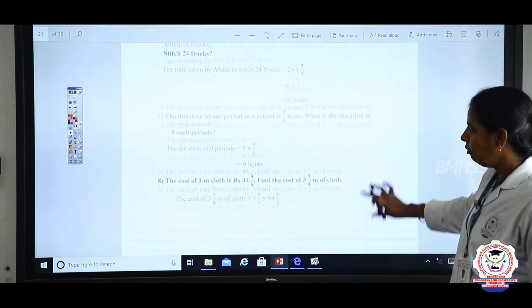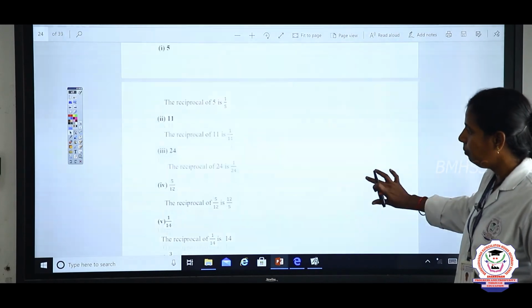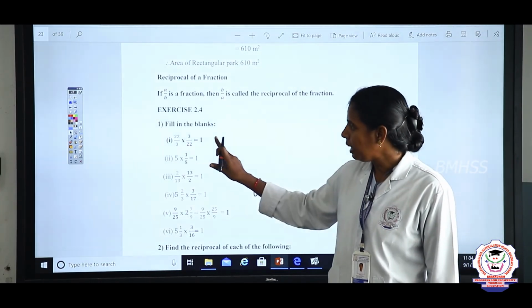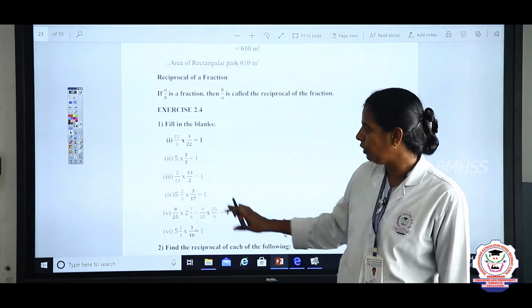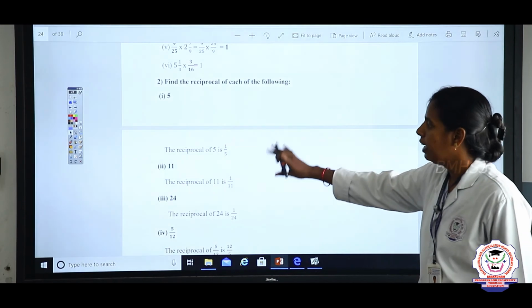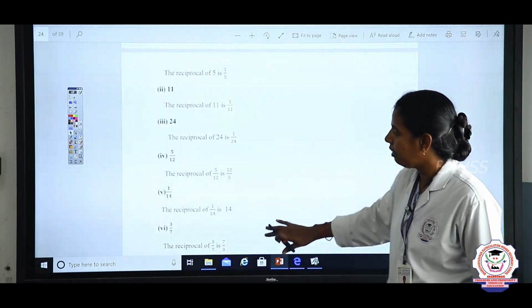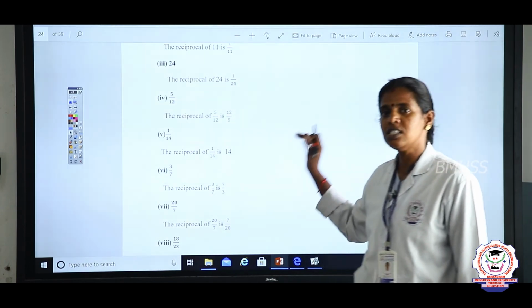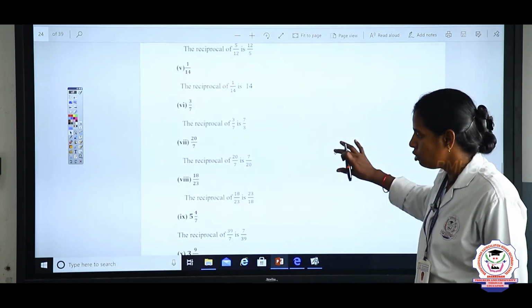See, the reciprocal of fractions is exercise number 2.4. So, fill in the blanks. I have taught you how to fill the answers, right. Find the reciprocal of each of the following. See, for the reciprocals we can write the answers. They have given the question with answer. Using this you can write your subject notes, children.